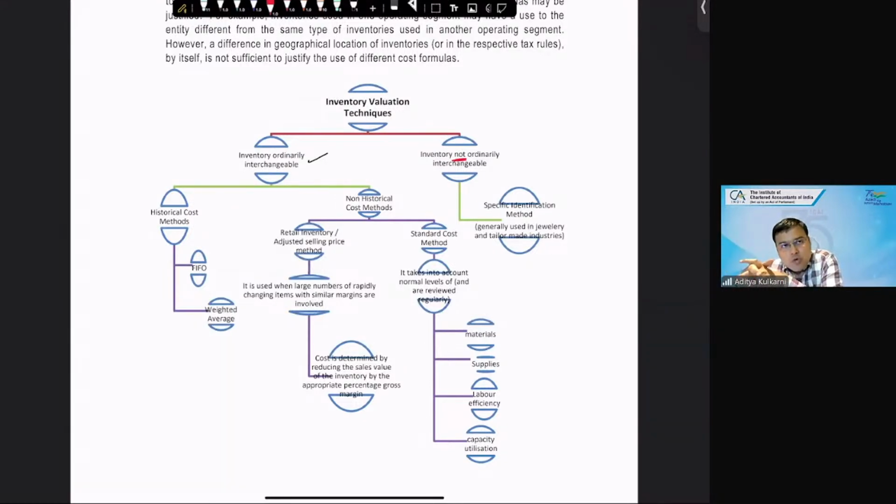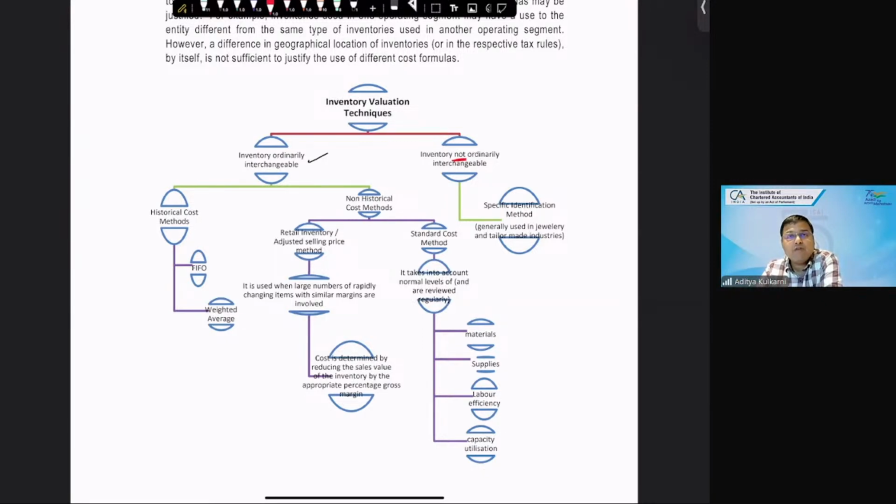I will manufacture that vehicle tailored to her specific requirements. Now, those requirements are not acceptable to anybody else in the market. It's her requirement. So it becomes an inventory which is identifiable to a particular customer. We call it inventory not ordinarily interchangeable.